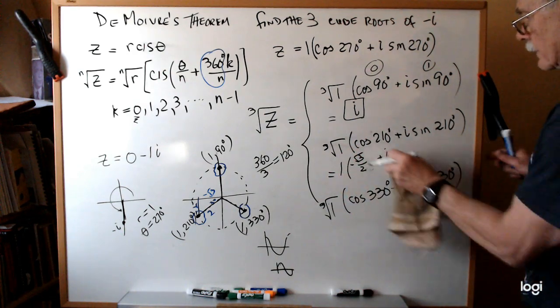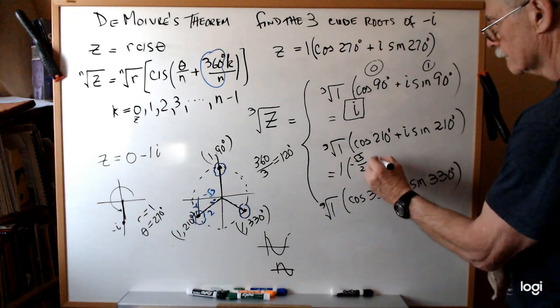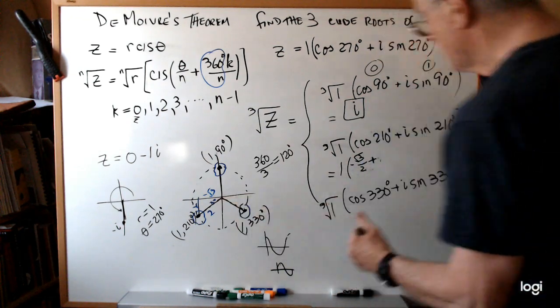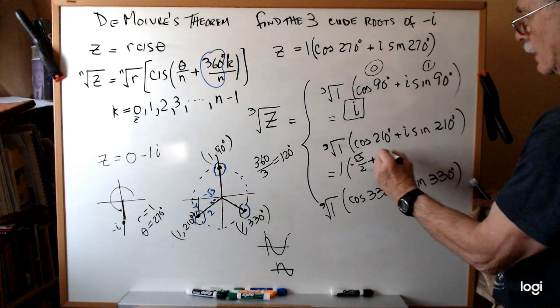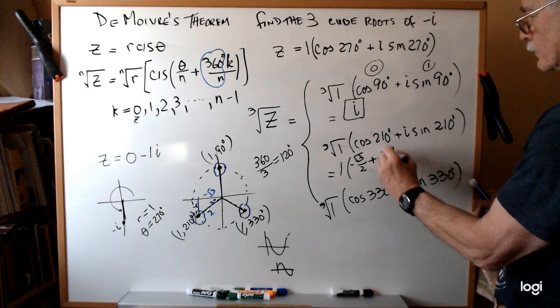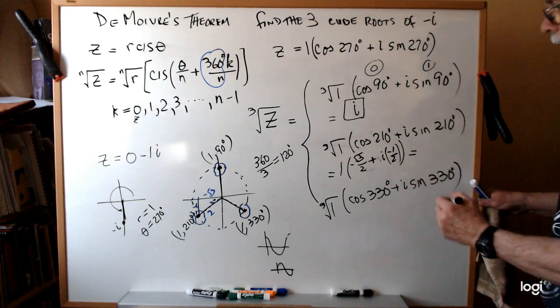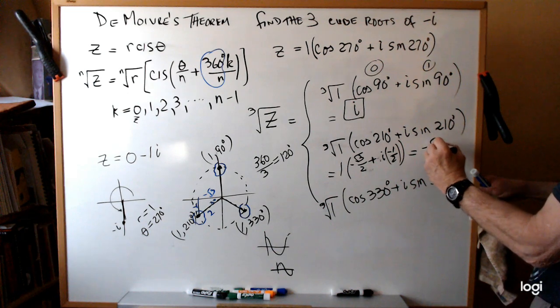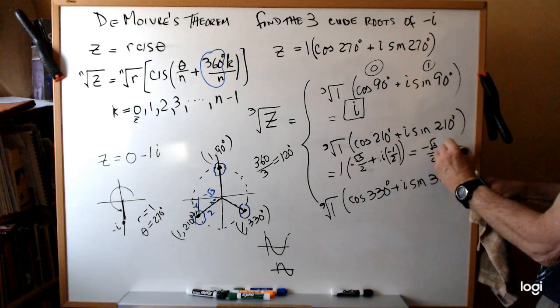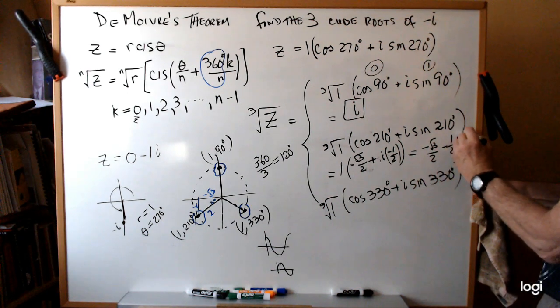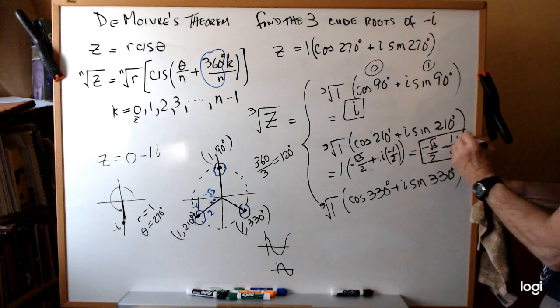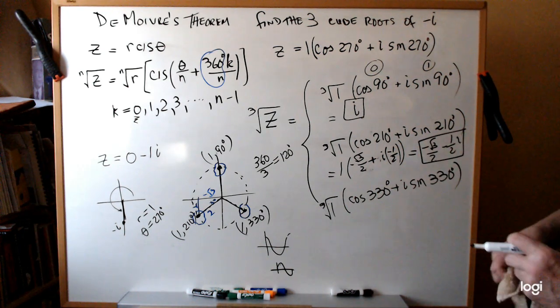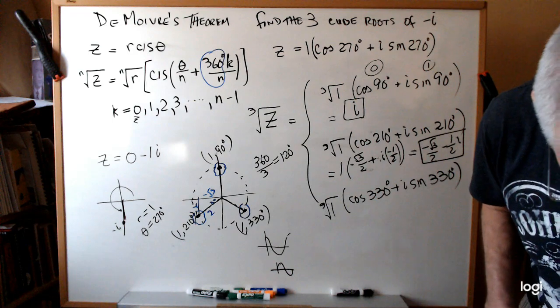And the sine of 210 is the negative a half. And it's got an i in front. So when the smoke clears, you get negative rad 3 over 2 minus 1/2 i. And that's the second of our complex cube roots of negative i.